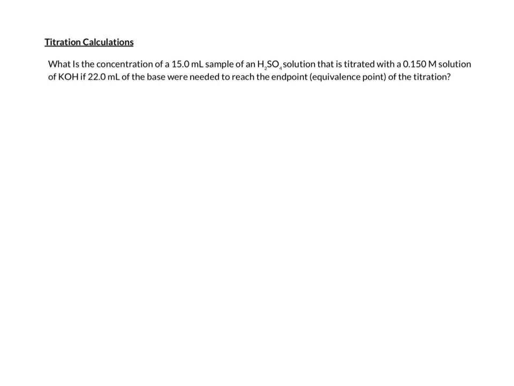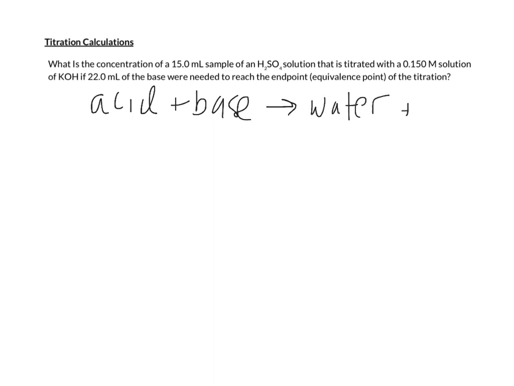All of these reactions are acid-base neutralization reactions, where in general we follow the paradigm of acid plus base gives us water and a salt. And by a salt, it's an ionic compound.